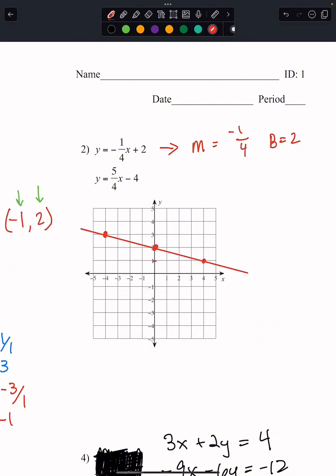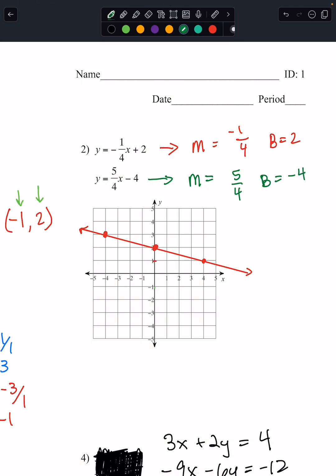And then let's do the other one in green. My slope is 5/4, and my b is -4. So let's go ahead and graph that. We're going to start at -4.